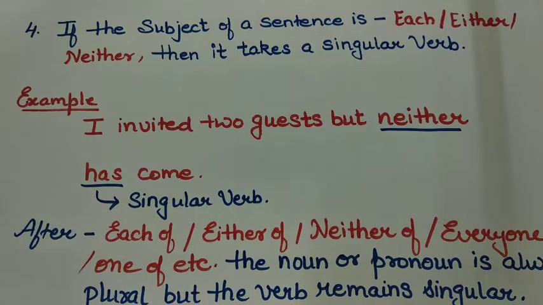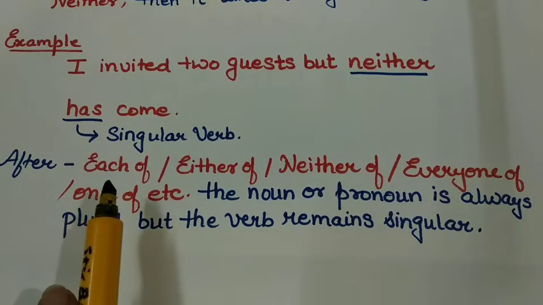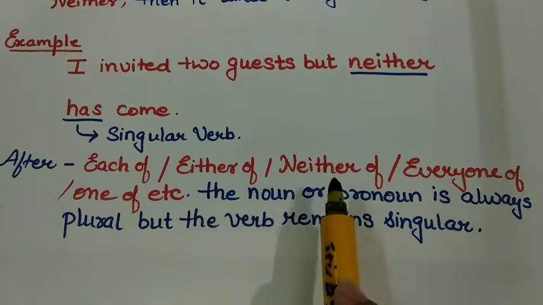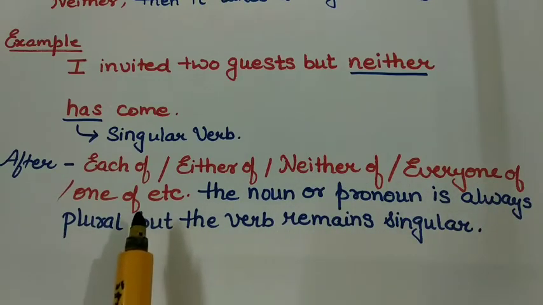The next rule says after words like each of, either of, neither of, everyone of, or one of, the noun or pronoun is always plural, but the verb remains singular. Means you have to be very alert using these rules.